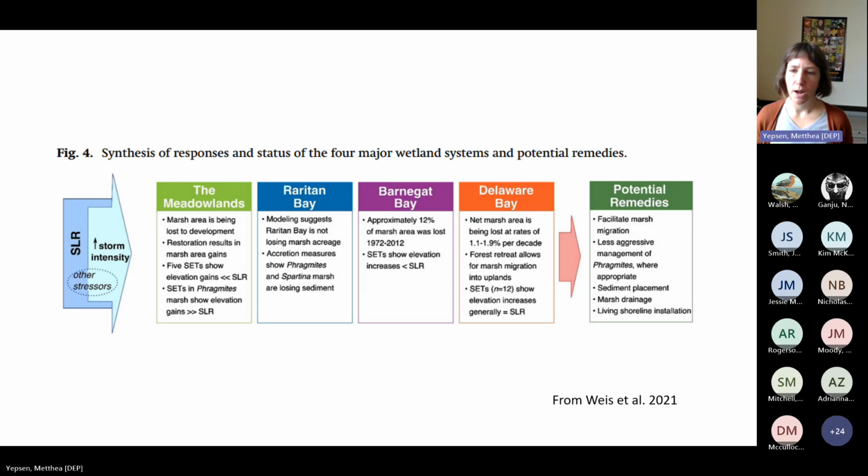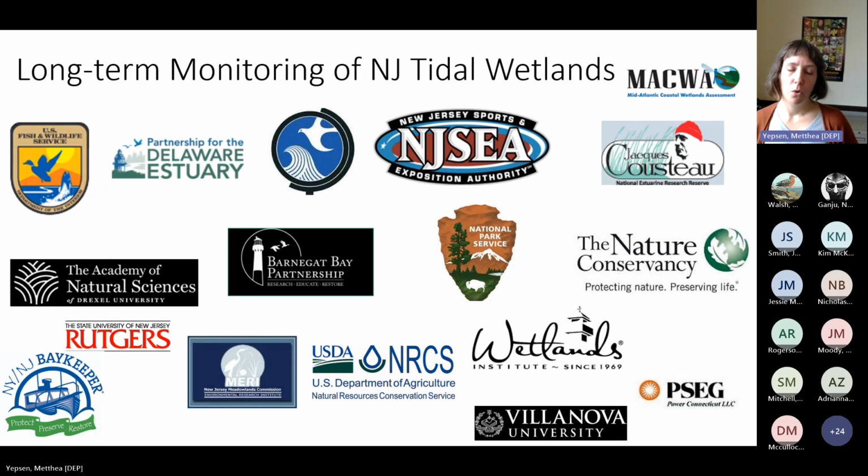That understanding requires on-the-ground localized data that is collected and analyzed consistently across the state. So in answer to this need for better statewide data, groups conducting long-term monitoring of tidal wetlands around the state set about formalizing a network of sites in 2018.